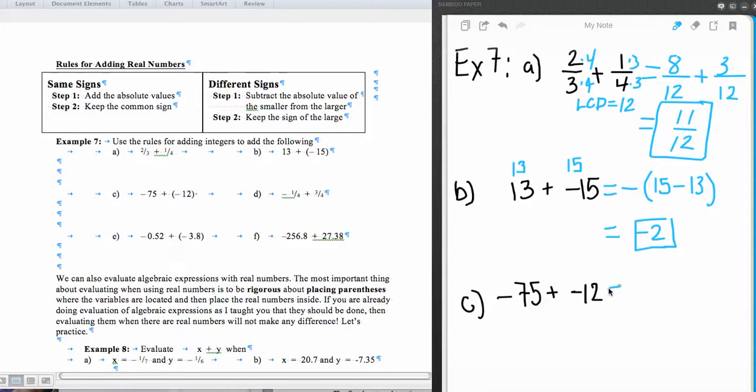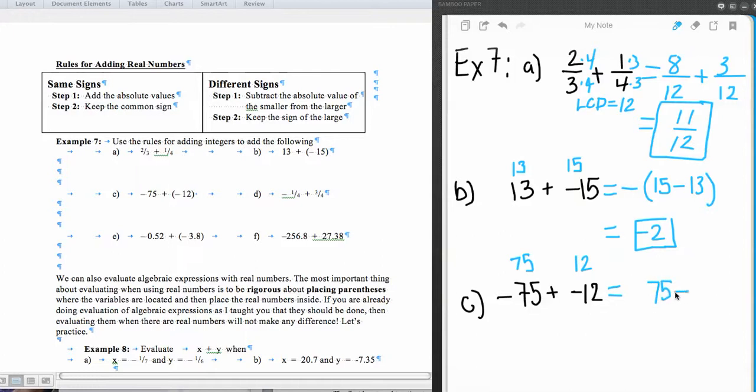Now my next problem down here has two negative numbers. So the process starts out with taking the absolute value of each of them. The absolute value of negative 75 is 75, and the absolute value of negative 12 is 12. Now the rule for when I have the same signs, which negative 75 and negative 12 are, is that I'm going to add these numbers up, and the absolute values are what I'm adding up.